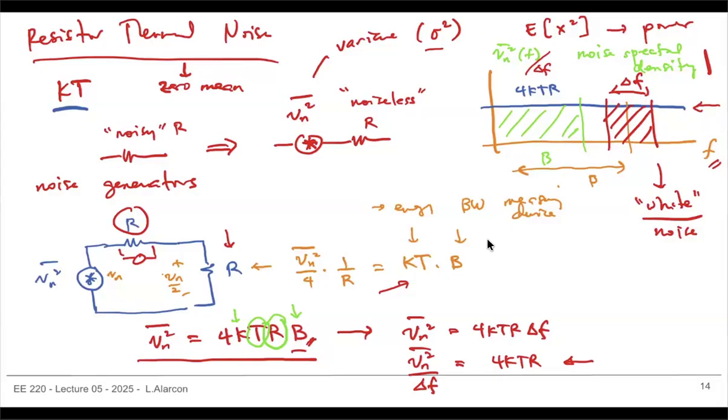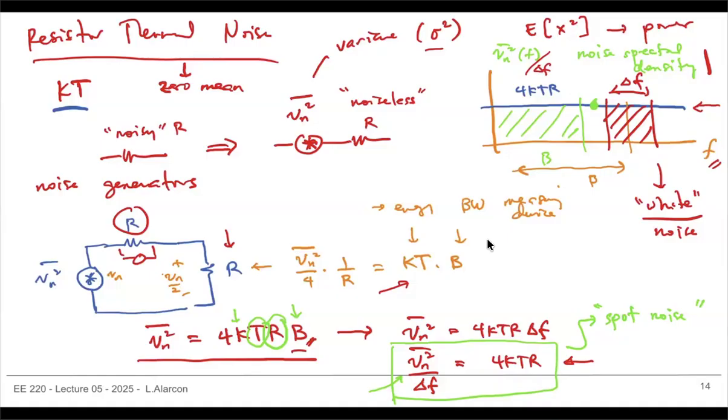This thing actually has a special name. It is sometimes known as spot noise. That means if I find a spot here, that's equal to 4kTR, the noise over an infinitesimal delta F.